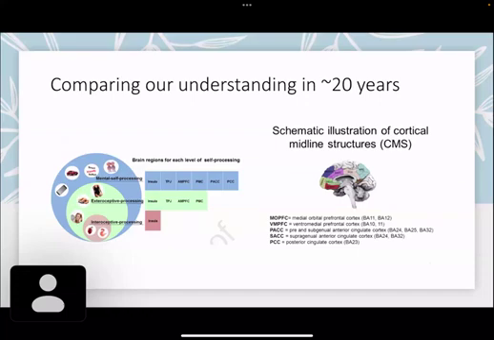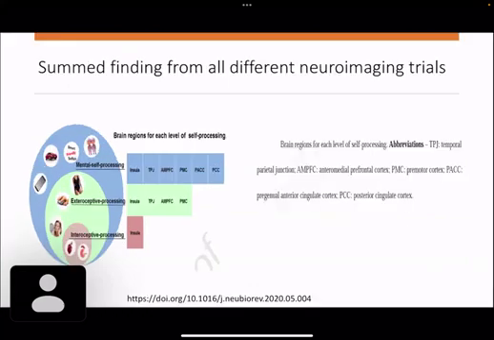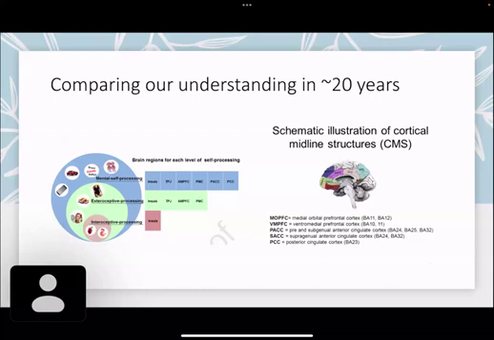This is the comparison: in 20 years, what we reached in 20 years. Starting from cortical midline structures, now we have ended in a complicated brain-wide network which connects insula, temporoparietal junction, anterior medial prefrontal cortex, premotor cortex, posterior cingulate cortex, and pregenual anterior cingulate cortex.